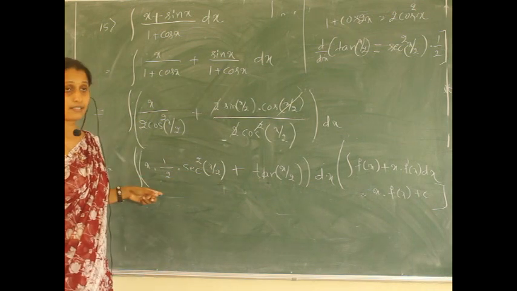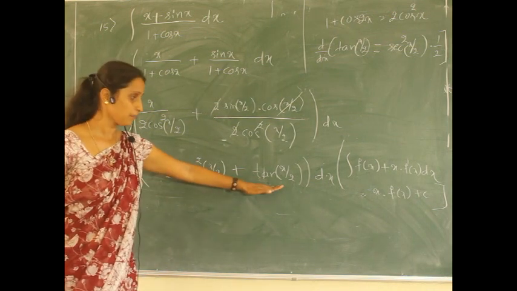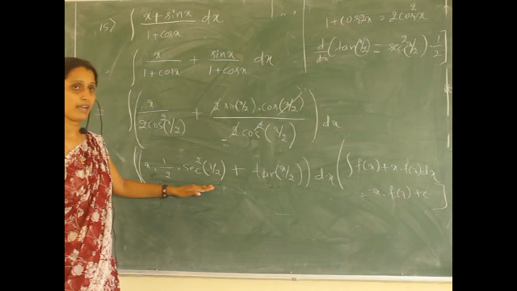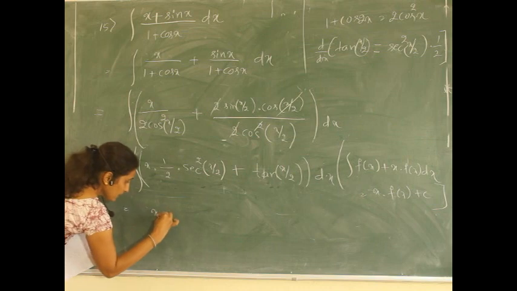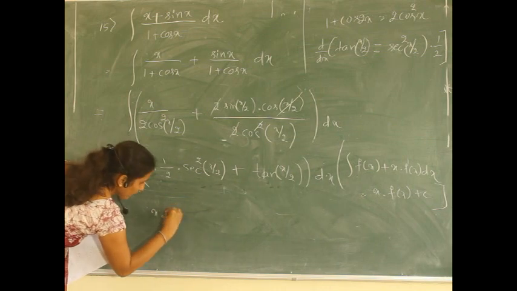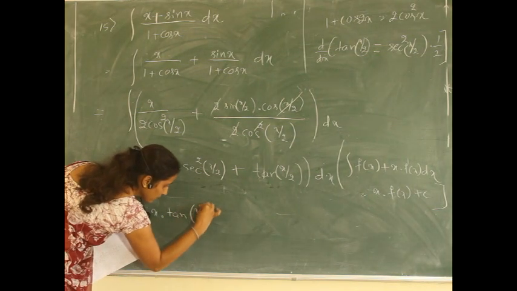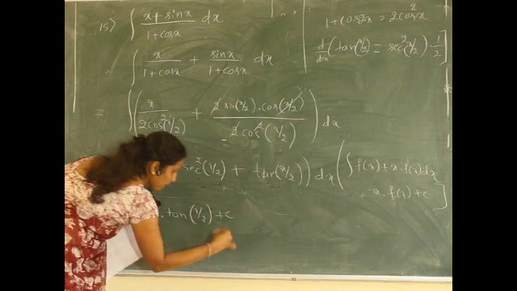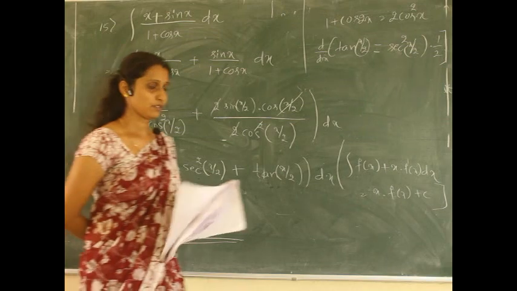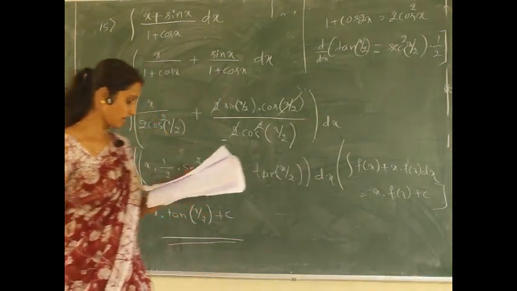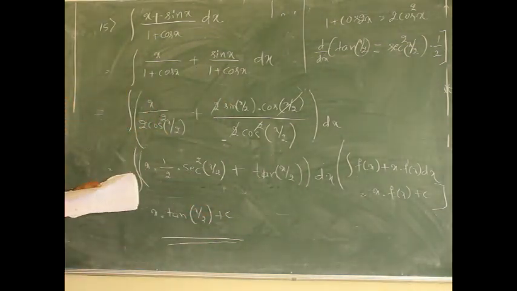Now this is in the form of f of x plus x into f dash of x. So the answer will be x into tan x by 2 plus c. So option A. The answer is x into tan x by 2 plus c.